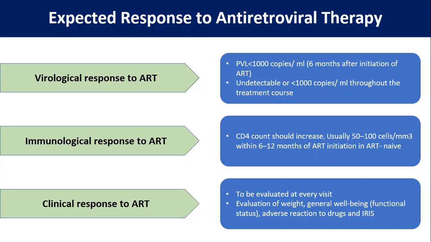And after suppression of the virus, the immunity will start recovering, and there will be an increase in CD4 count by say 50 to 100 cells per cubic millimeter within 6 to 12 months of initiation of ART in an ART-naive patient. And after restoration of the immunity, the patient's well-being will increase and the patient will be free from any opportunistic infection. So this is called a clinical response to ART.